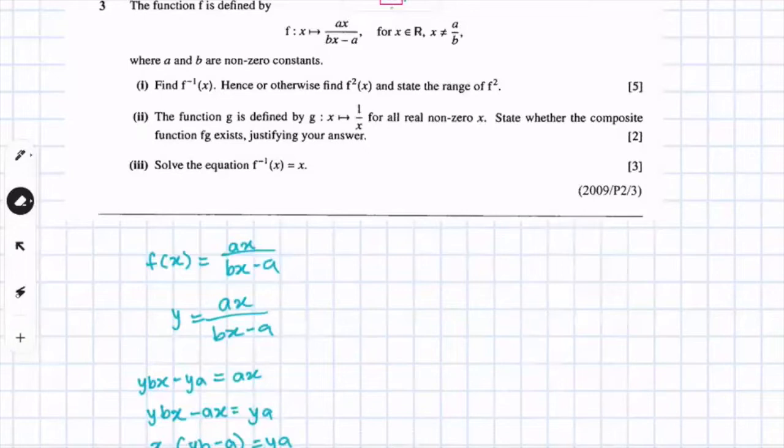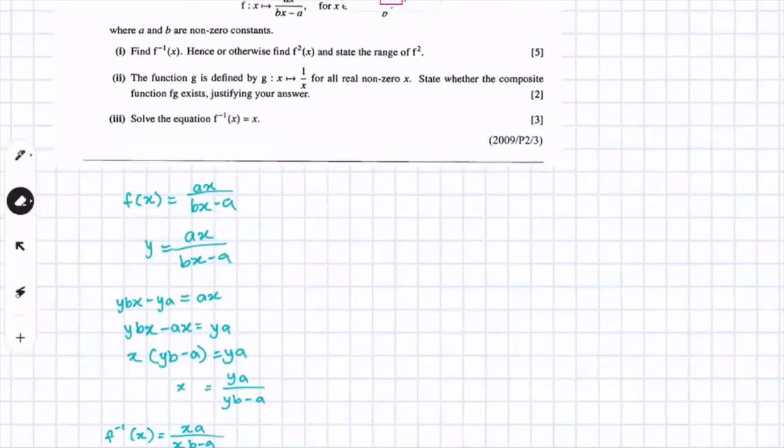So F is from X. F domain. Forget how to find domain.